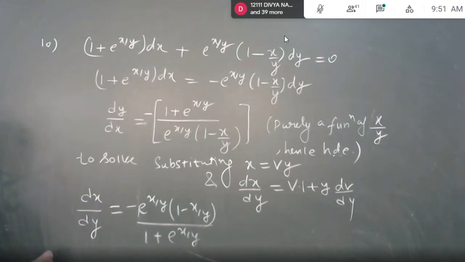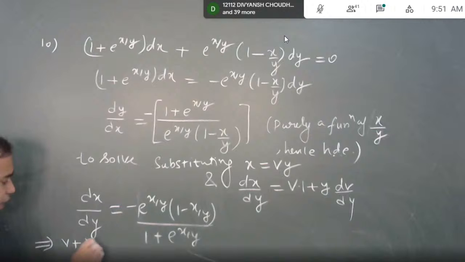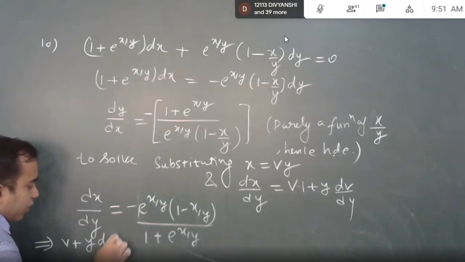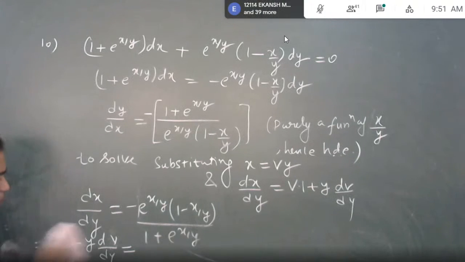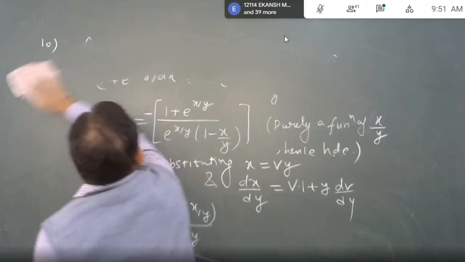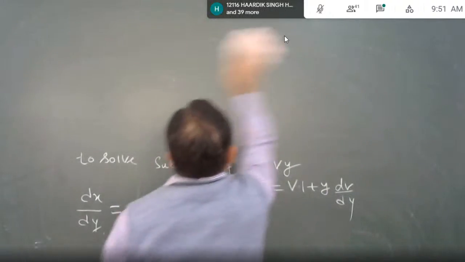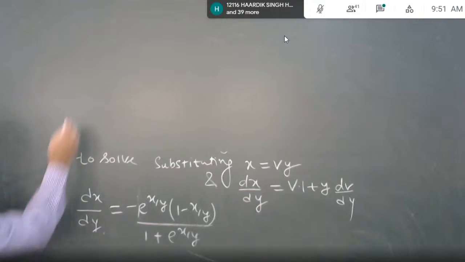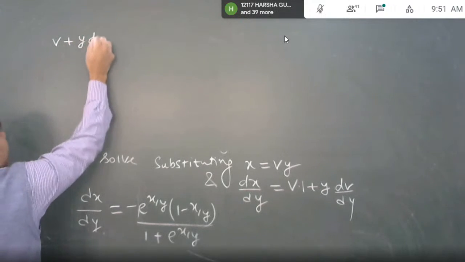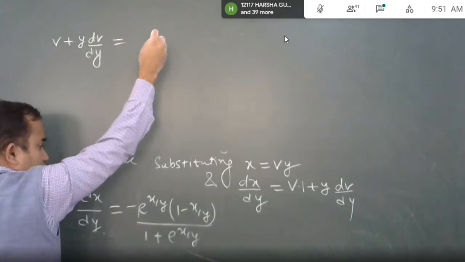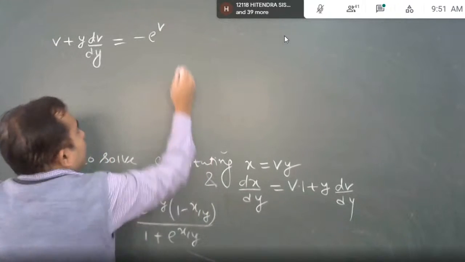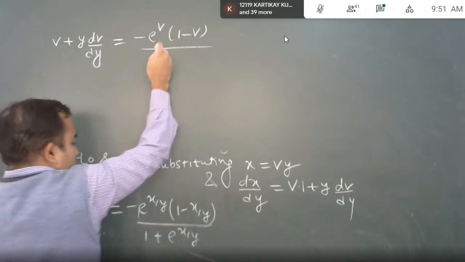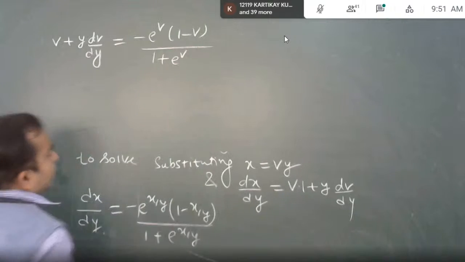So this will give me dx upon dy will be replaced with v plus y dv upon dy equal to, and let me write here. So this will become v plus y dv upon dy equals minus e to power v, x is put as vy, so v into 1 minus v whole upon 1 plus e to power v.